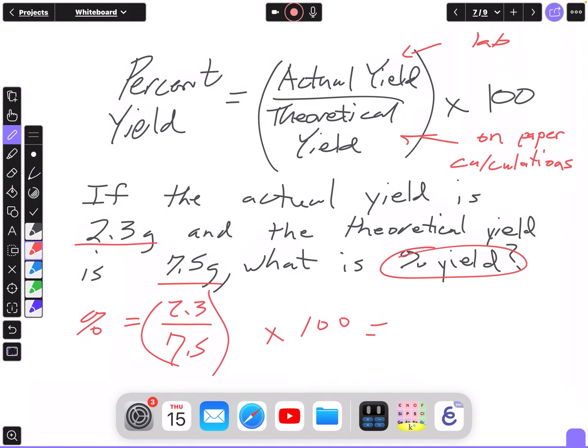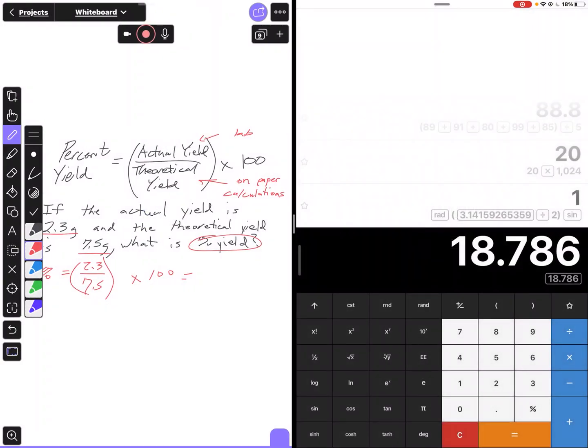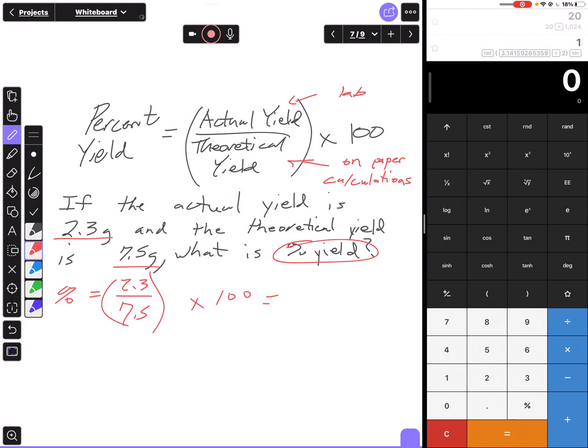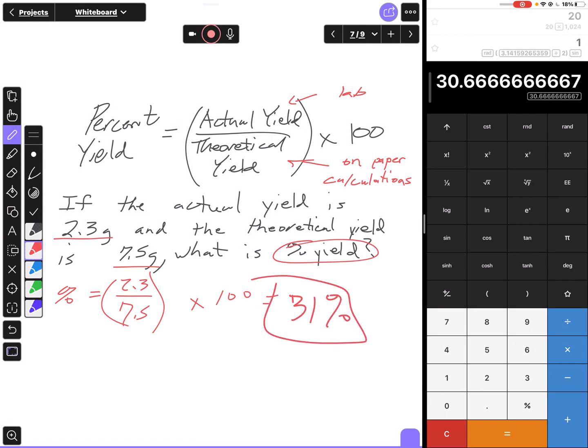So in my calculator, that should be 30 point something, or I can round it to a whole number. So I can round that up to 31%. In this problem, you got 31% of what you would have calculated.